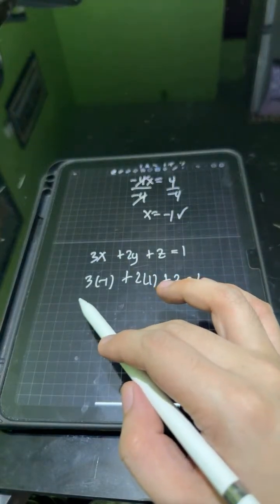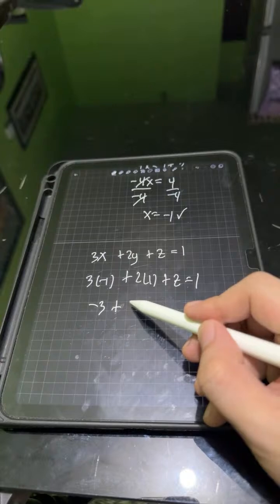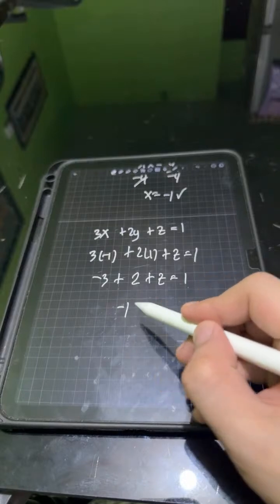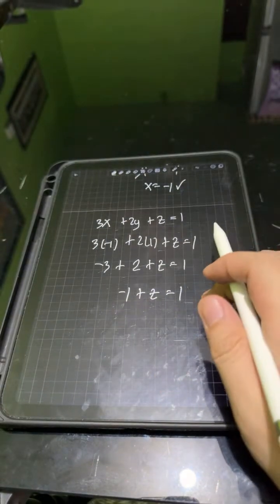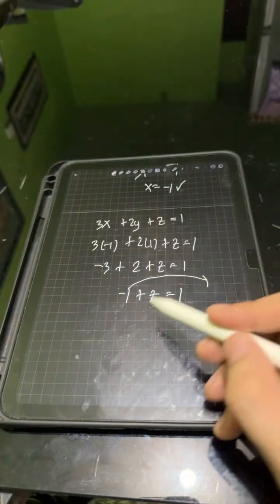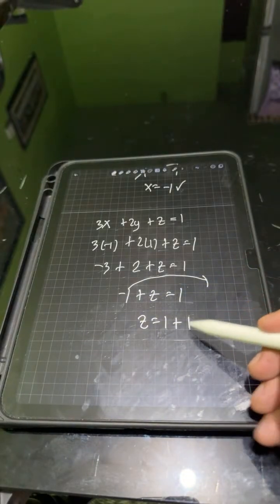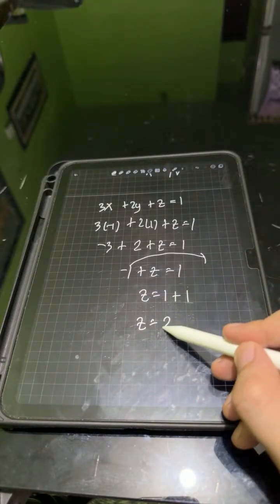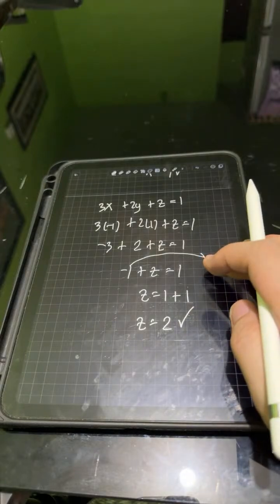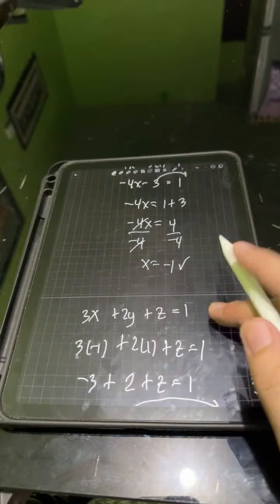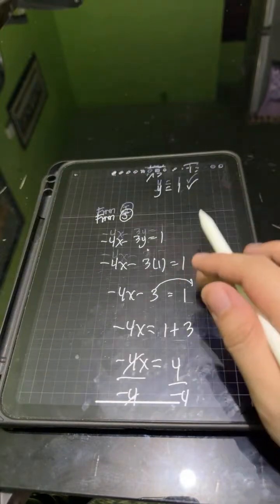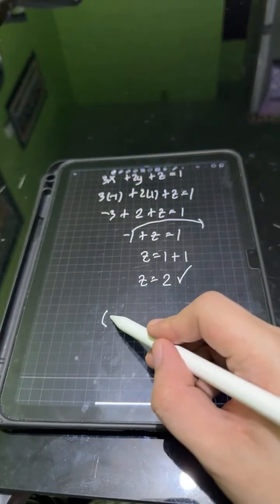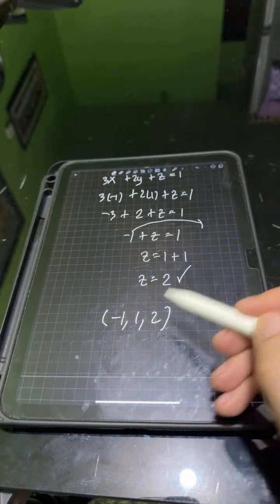So 3 times negative 1, that's negative 3, plus 2 times 1, 2, plus z equals 1. Negative 3 plus 2, negative 1, plus z equals 1. Transposing negative 1 to the right, z is equal to 1 plus 1, or 2. So the solution for this system of linear equations is x is negative 1, y is 1, and z is 2, or the coordinate negative 1, comma 1, comma 2.